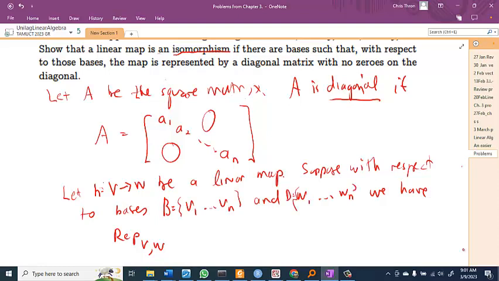So it's not rep BW, it's rep BD. So suppose the representation of the map H with respect to bases B and D is equal to A.